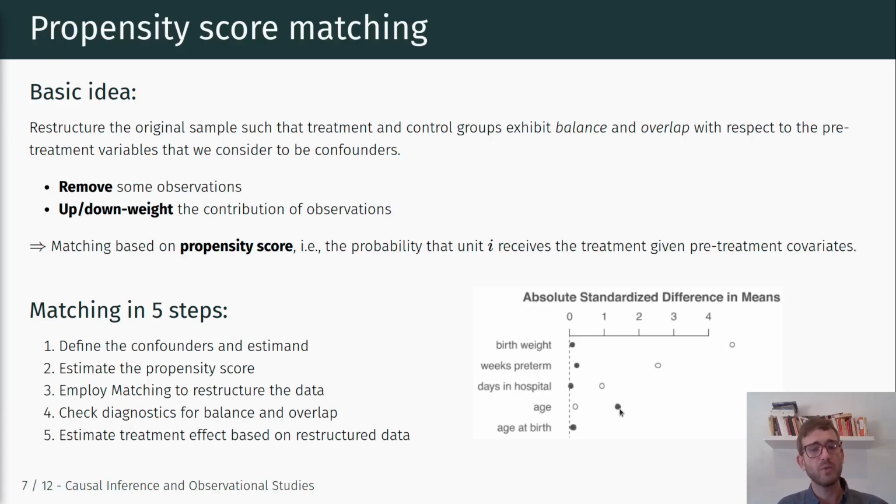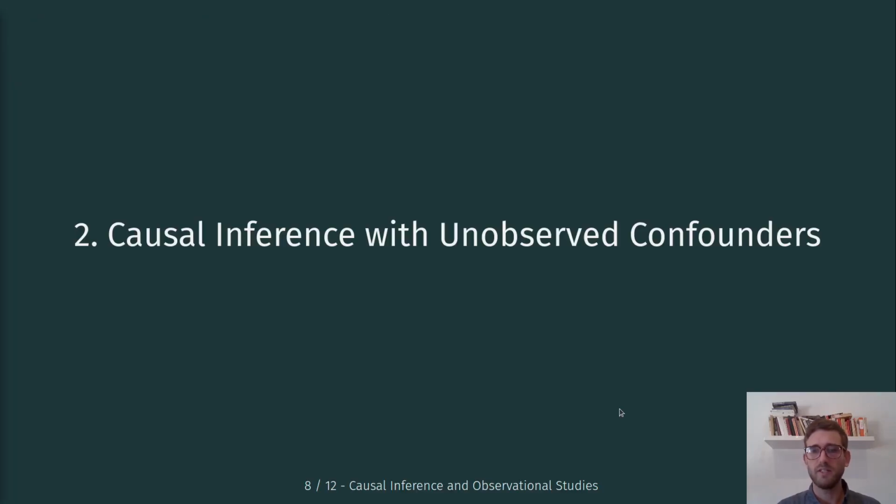On the one hand, we could just look at a difference in means between the treatment and control group, but we can also still run our regression, including pre-treatment covariates, controlling for those and potentially looking at heterogeneous treatment effects and so on, just based on the matched or restructured data. So this concludes our discussion of causal inference with observational data.